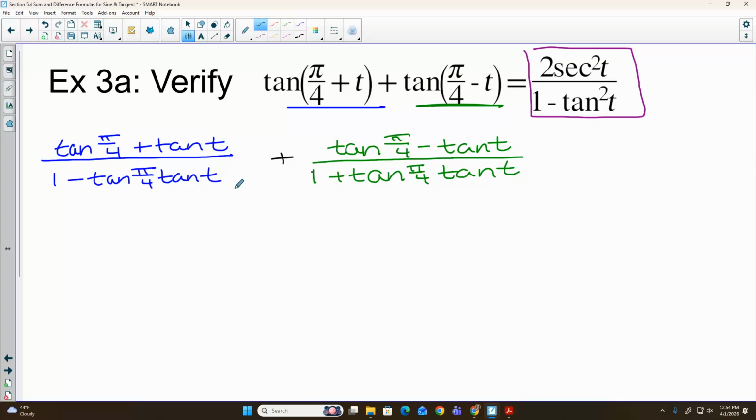Common denominator, but one thing before we get that. Yeah, can we do tangent of pi over 4? That's like 45 degrees. What's the tangent of 45? So we have 1 plus tangent t over 1 minus 1 times tangent t is just tangent t.